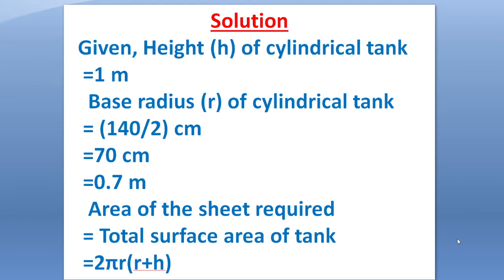Now we know that the area of the sheet required is equal to the total surface area of this cylindrical tank, 2 pi r into bracket r plus h, because the cylindrical tank is closed from both sides.